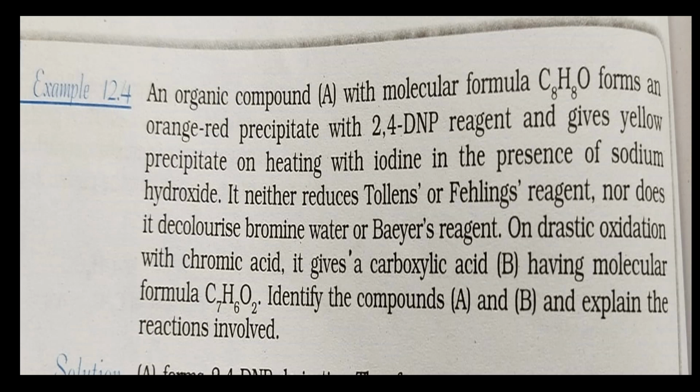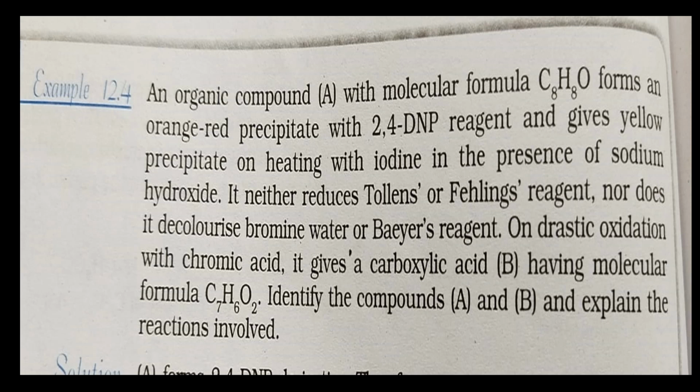Okay, we are going to start from the example question number 12.4. An organic compound A with molecular formula C8H8O forms an orange-red precipitate with 2,4-DNP reagent and gives yellow precipitate on heating with iodine in the presence of sodium hydroxide.